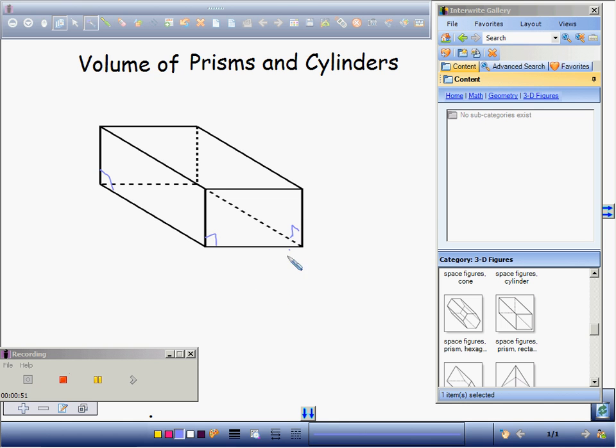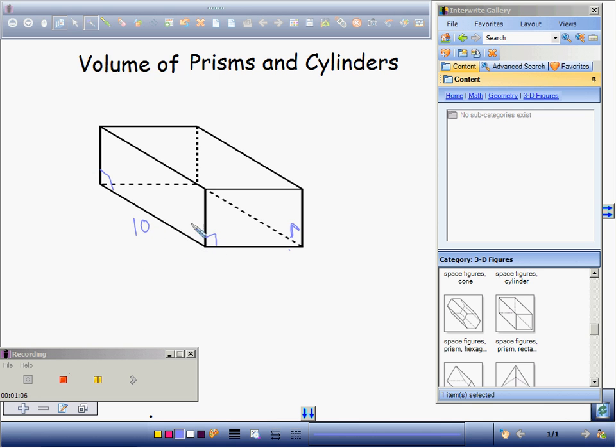A prism that is not a right prism is called an oblique prism, and I'll talk about that later. Okay, so now we're going to be talking about the volumes of these prisms, and you probably know how to find the volume of a prism already.